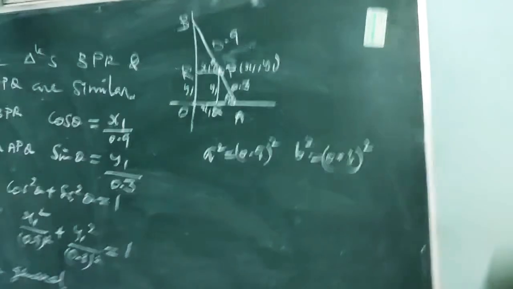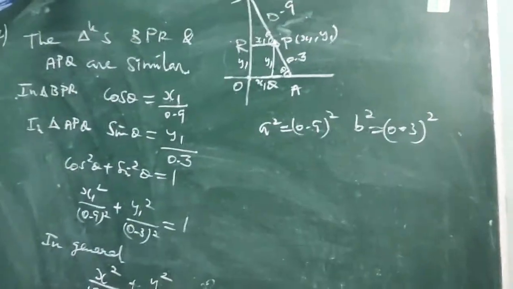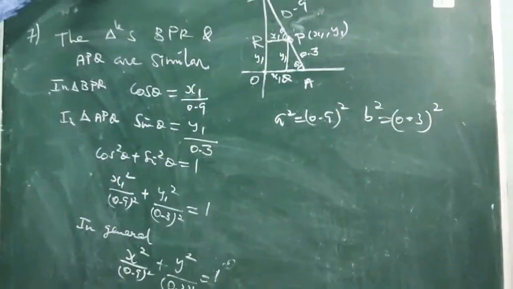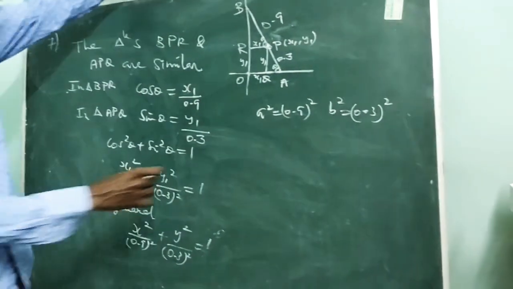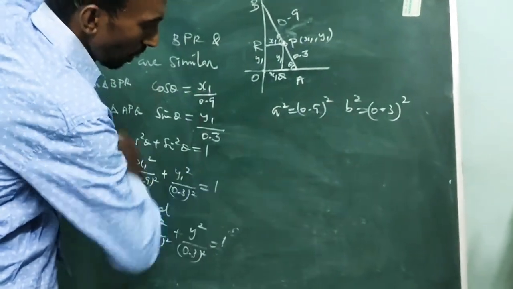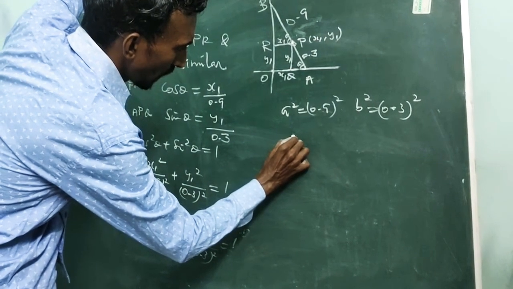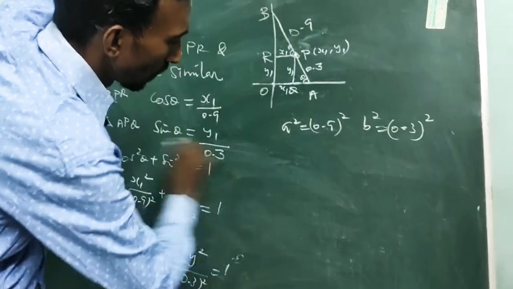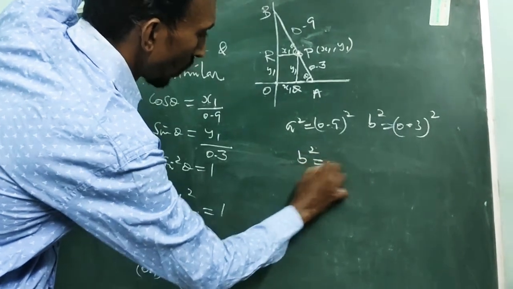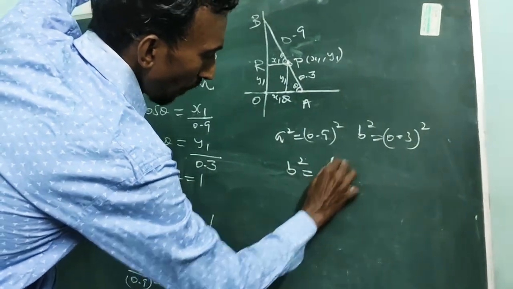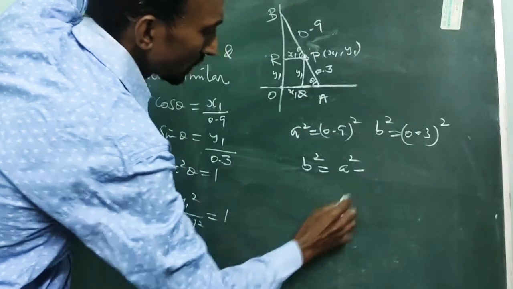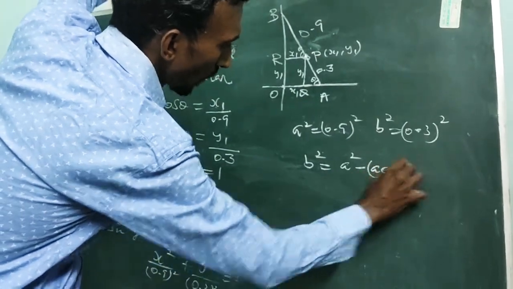So for an ellipse we know the formula for eccentricity. Okay, so eccentricity, so we know that b square equal to a square minus ae the whole square.